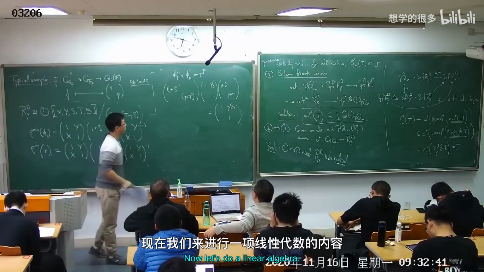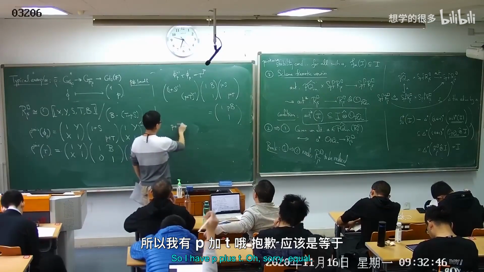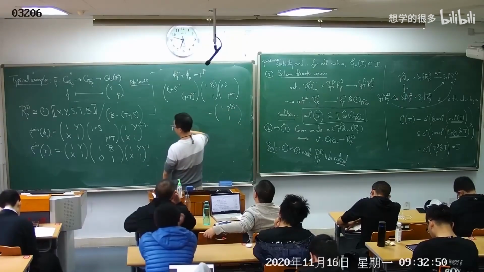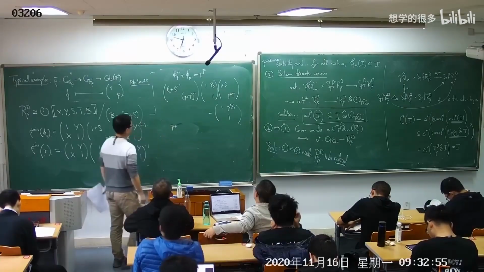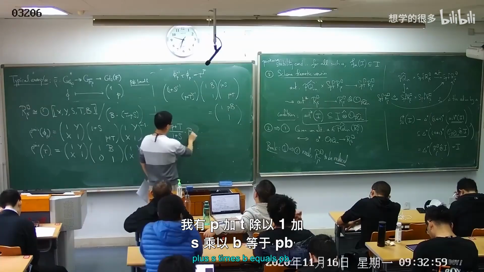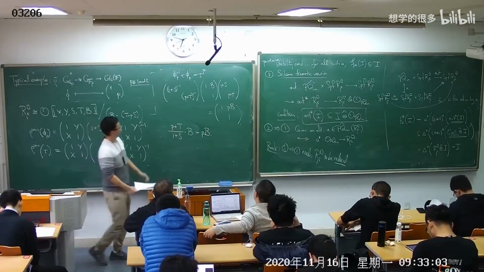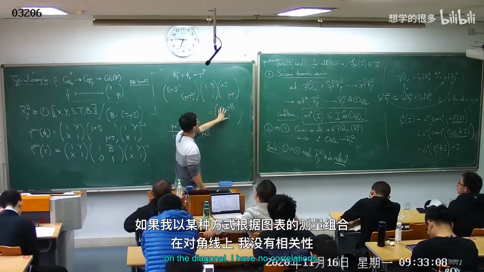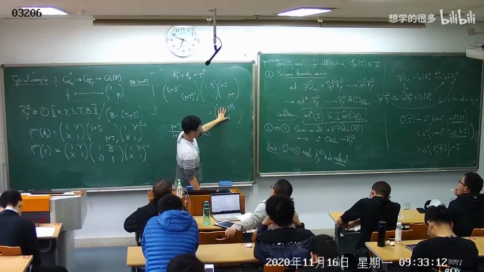Now let's do some linear algebra. What do I have? I have p plus t. Note that somehow my conjugation is the other way around. I have p plus t over 1 plus s, times b, equals pb. If I conjugate by diagonal matrices, on the diagonal I have no relations. This is basically how I show that two diagonal things are in some sense just one.